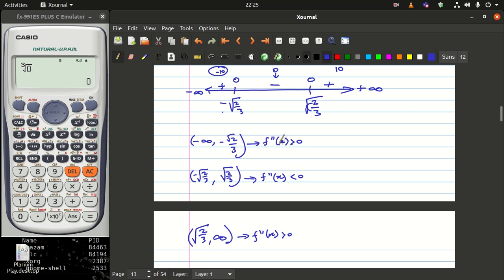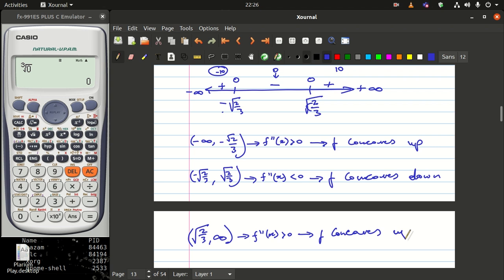If the second derivative is bigger than 0, it means that f concaves up. And then this one, f concaves down because it's negative, and then this one here is telling us that f concaves up because it's positive.